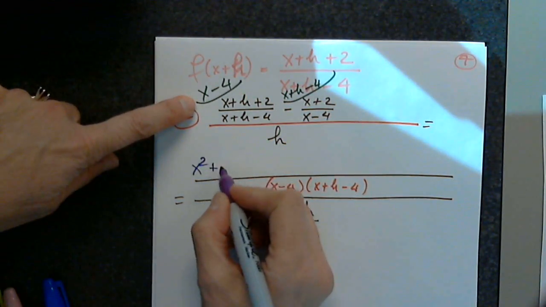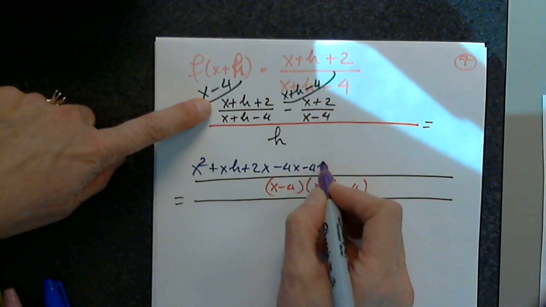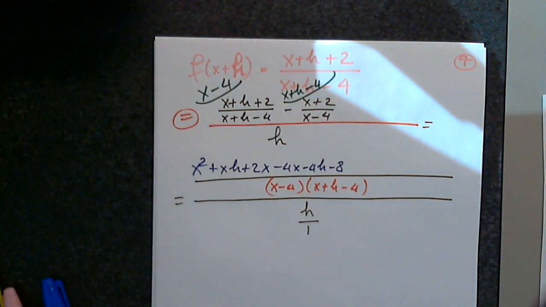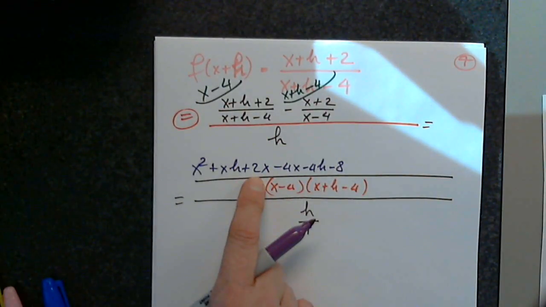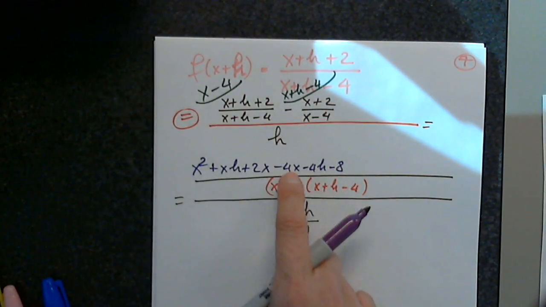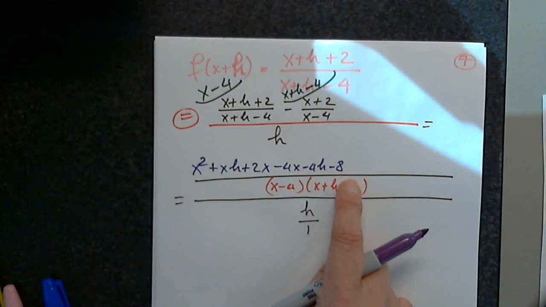So x squared plus xh plus 2x minus 4x minus 4h minus 8. Is this okay? So x squared plus xh plus 2x, and negative 4 times x, negative 4 times h, negative 4 times 2. Is this okay?